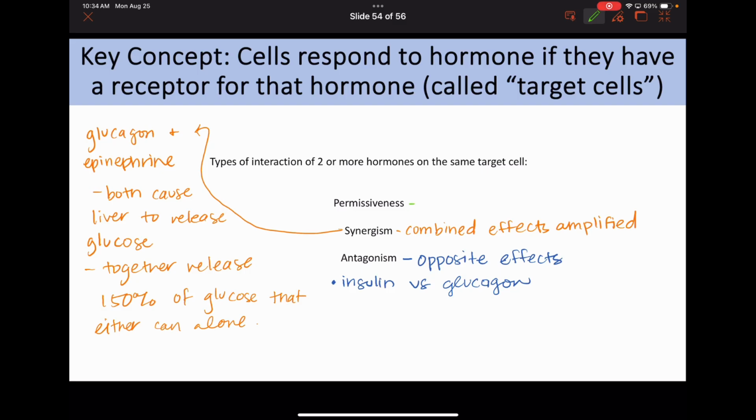Permissiveness is when one hormone is dependent on the other. So examples for this.